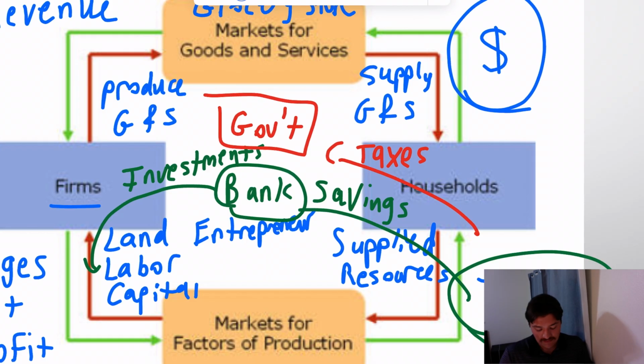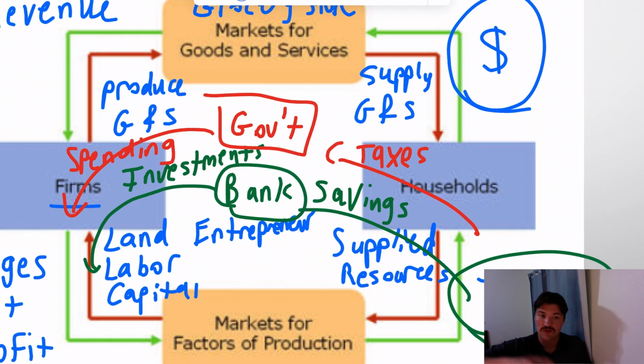And the reason it's not necessarily a bad thing is because what does the government do with taxes? They spend it. So we have government spending as well. So governments will take in money and then spend it. The government is the largest not-for-profit. Okay, they actually spend more money than they get in taxes. So they are also a part of the circular flow because look, that money is going into the government and then it's coming out.